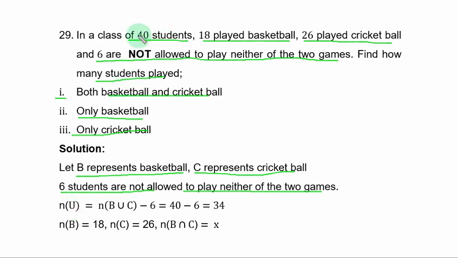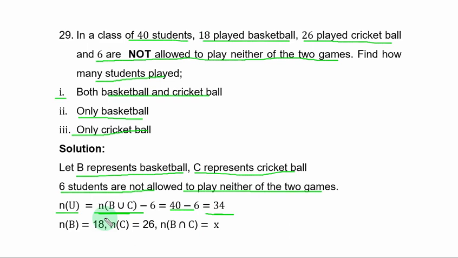The 40 students in the class become the universal set, and it is the same as the union of the two subsets. And because 6 students are not allowed to play, you have to subtract it from 40. So we are dealing with 34 students.